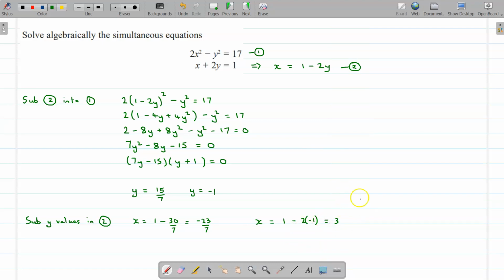Okay, so we normally just present the solutions nicely. So I say that x equals 3, y equals minus 1. They come as a pair, you see.